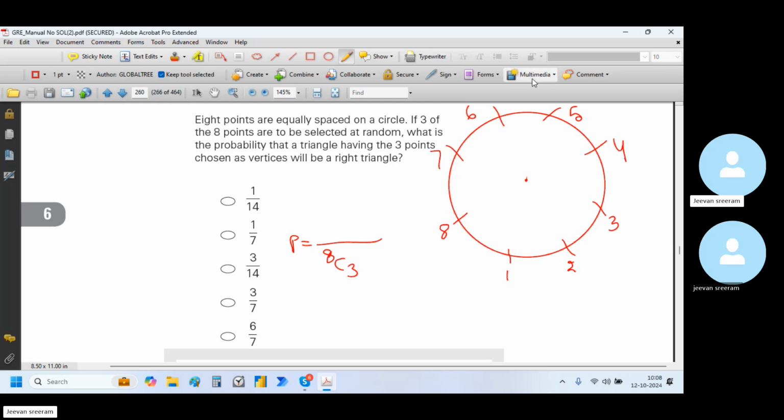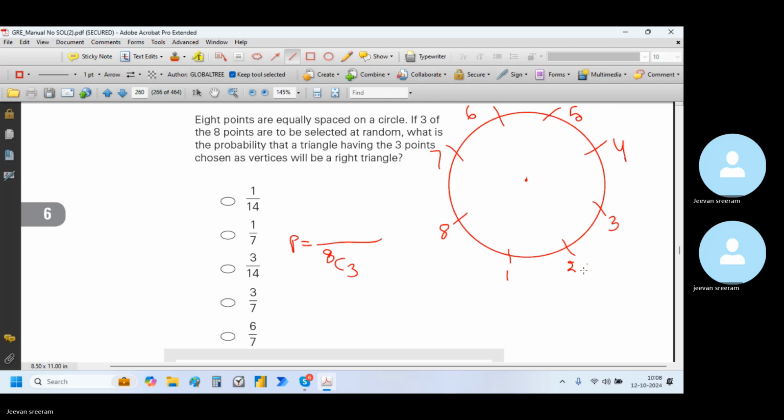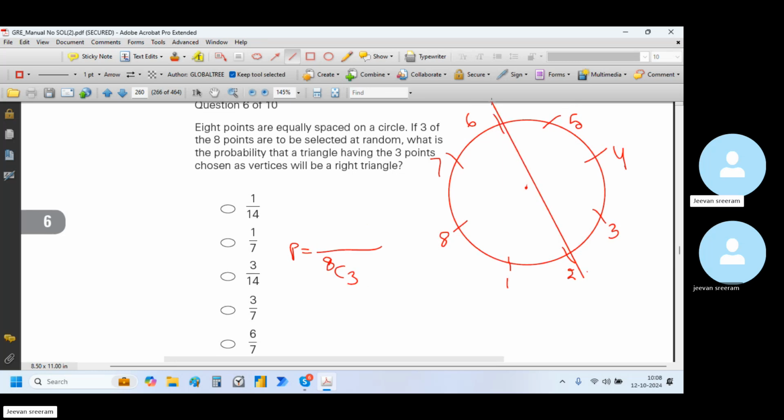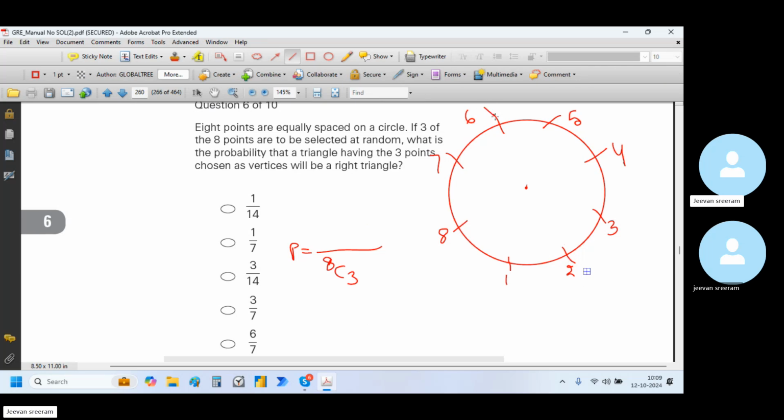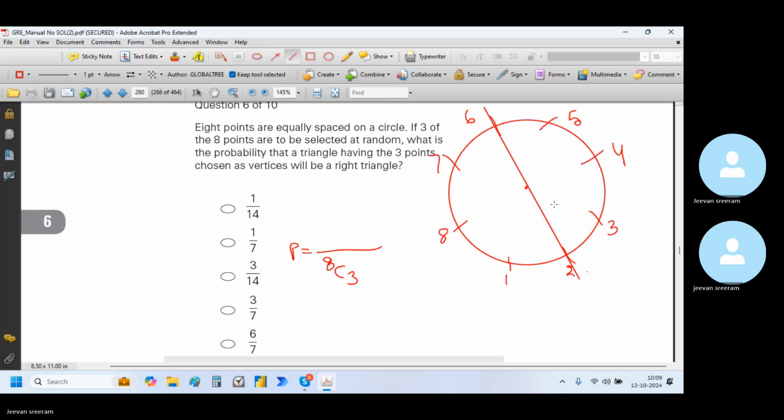So in a half circle, you will actually get the right triangle. Let's take this as the diameter, which is passing through 6 and 2.